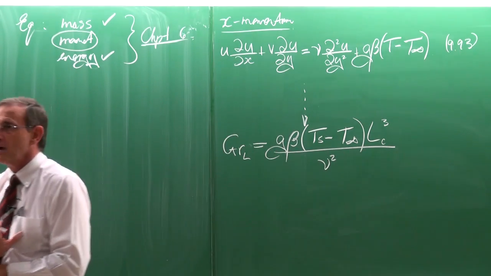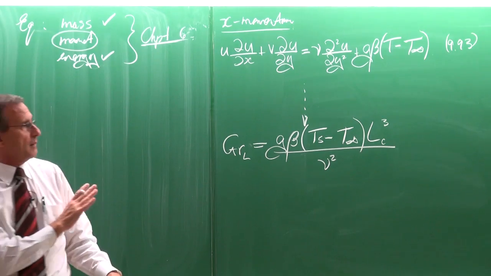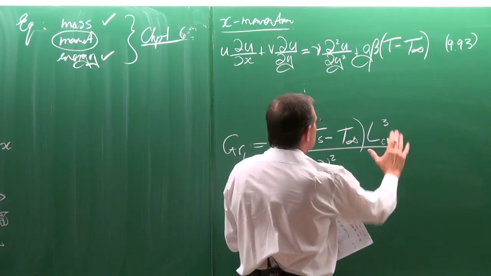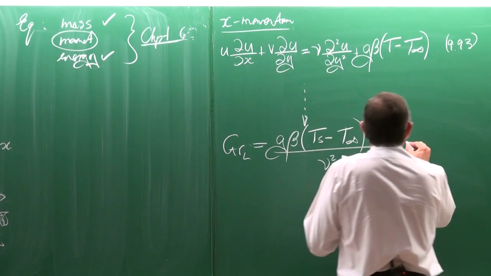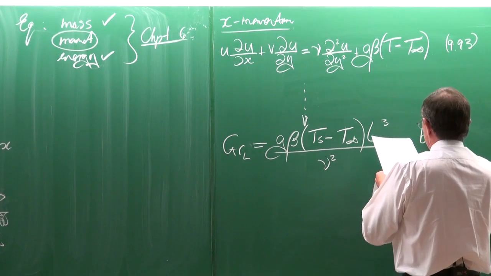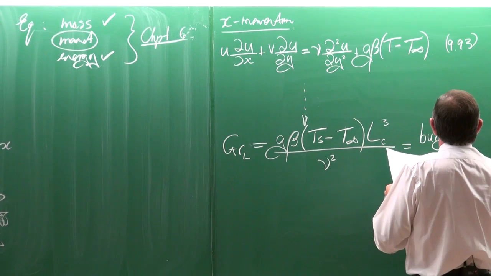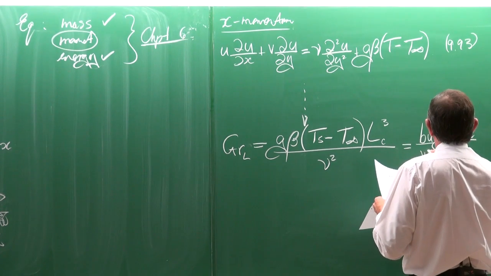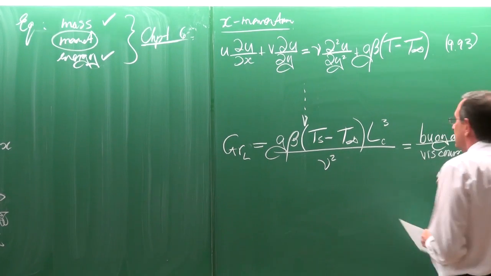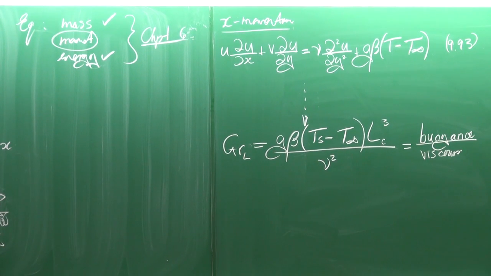So the Grashof number, a non-dimensionalized number, gives us an indication of the buoyancy force divided by the viscous force. Two forces: the ratio of buoyancy forces to viscous forces.